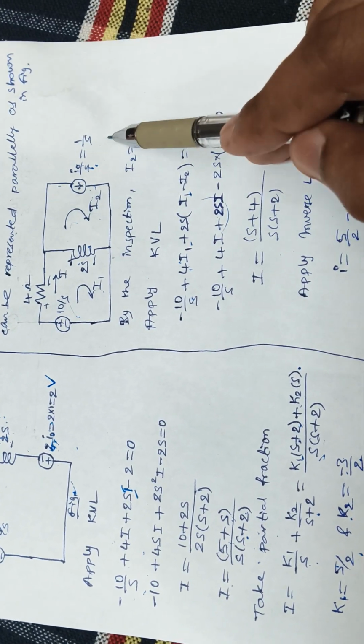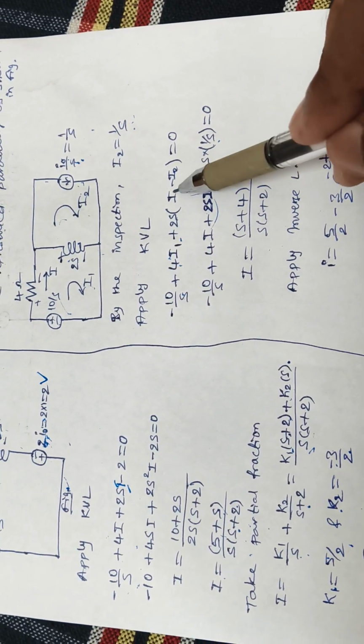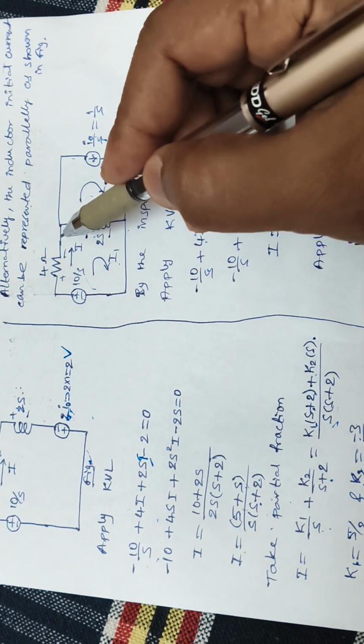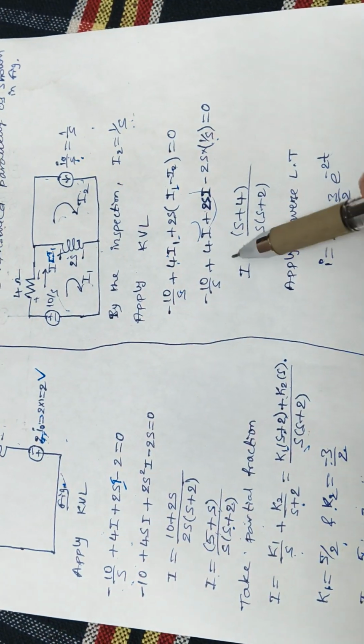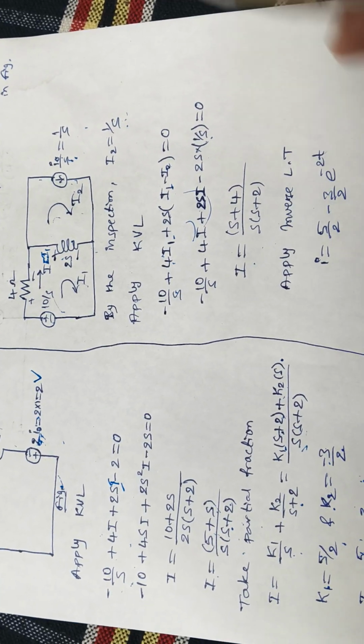I'll substitute I2 equal to 1 by S in this equation, so I have only one unknown parameter, I equal to I1. So I is equal to (S plus 4) by S into (S plus 2).